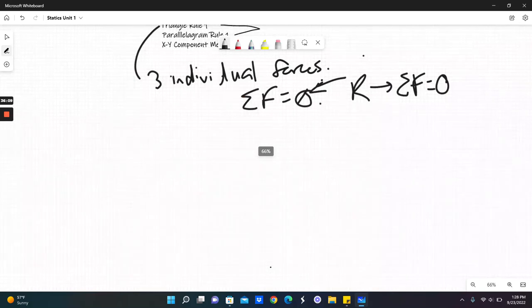In cases where we have three forces, it's going to give us a closed triangle. So let's say we have this point here, with an X, a Y, and then a combination force. This kind of looks like our X, Y, and Z axis, but not on purpose.